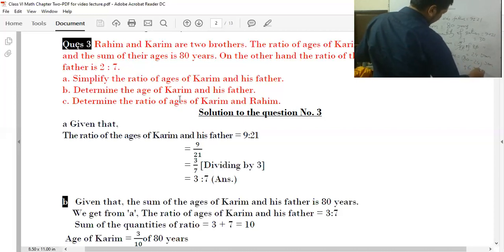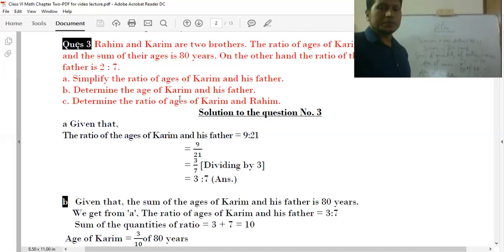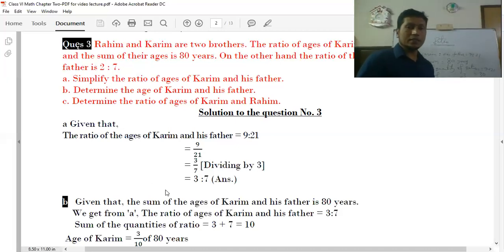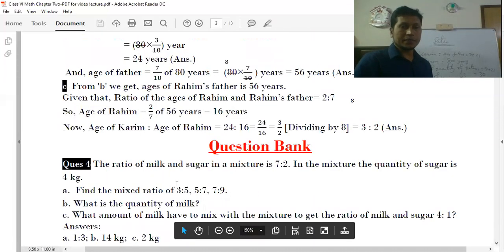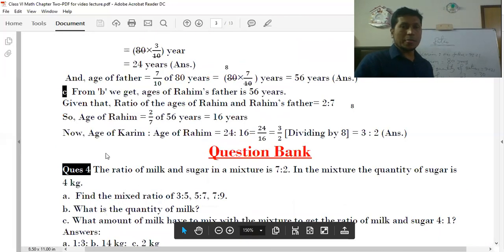That is 56 years. That is, the father's age is 56 years and Karim's age is 24 years. You can see on the screen also that we've got the same thing, that the age of the father is 56 years.